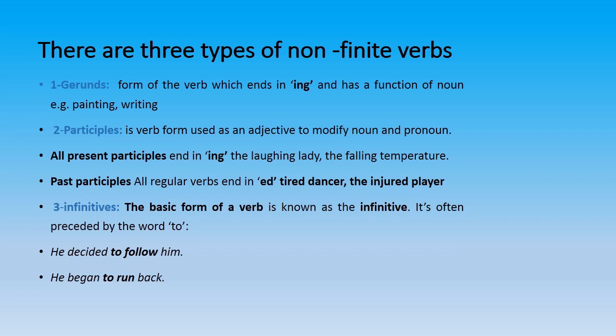Participle. The next type of non-finite verb is called participles. Participles are further divided into two kinds, present participle and past participle. A participle is a verb form used as an adjective to modify a noun or pronoun, and all present participles end in ing.